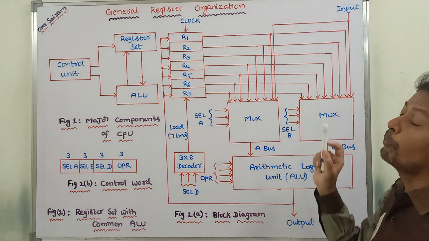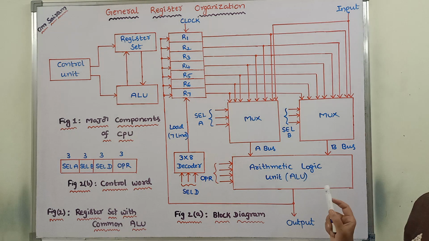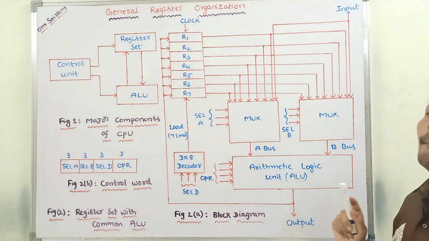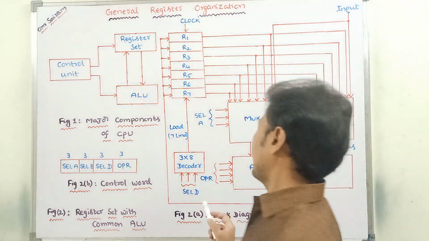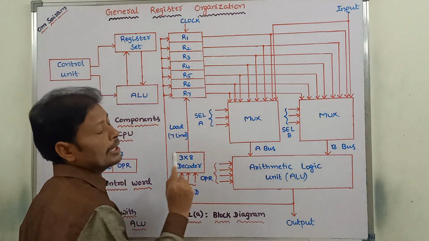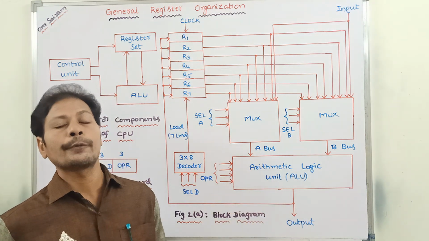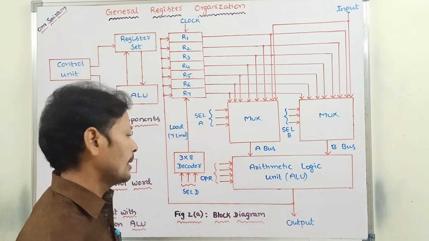The selection inputs of B are used for selecting a register that can be sent to the B inputs of the ALU.